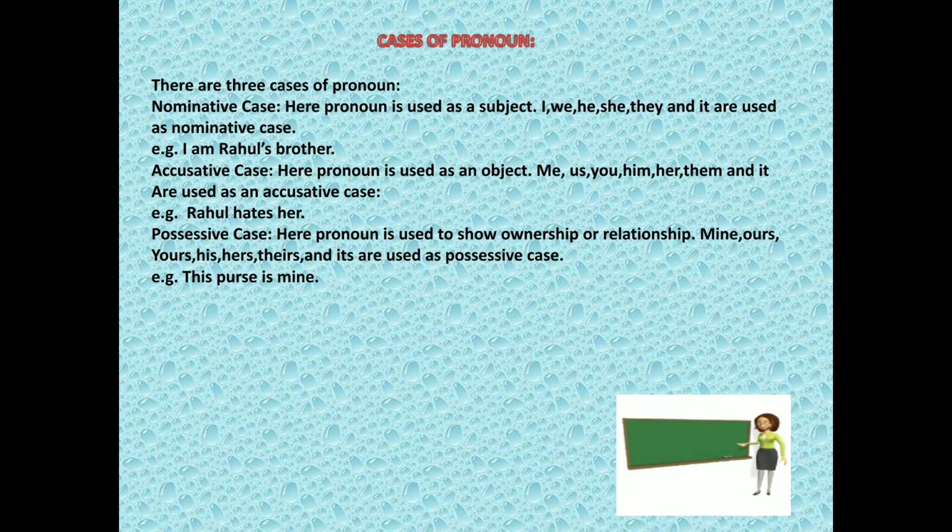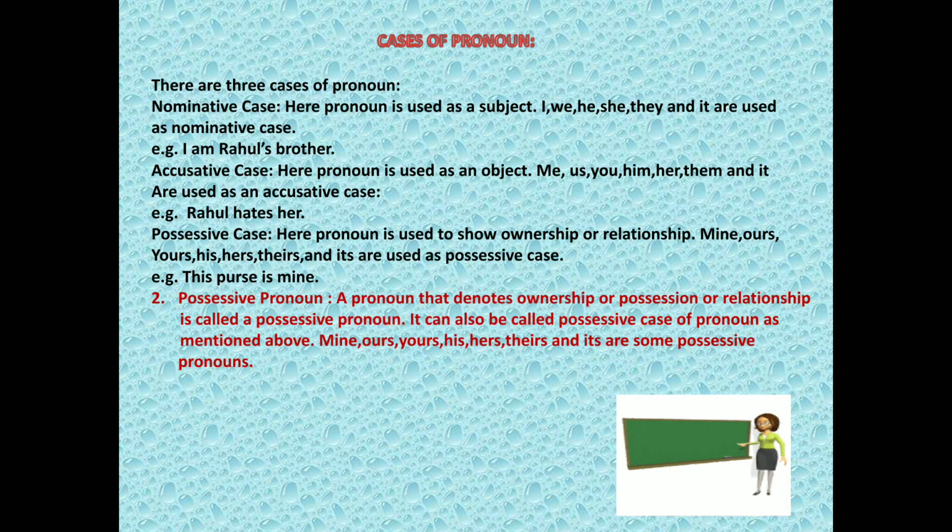And third is possessive case. Here pronoun is used to show ownership or relationship. Mine, ours, yours, his, hers, theirs, and its are used as possessive case. For example, this purse is mine. So here mine is possessive case. Okay.